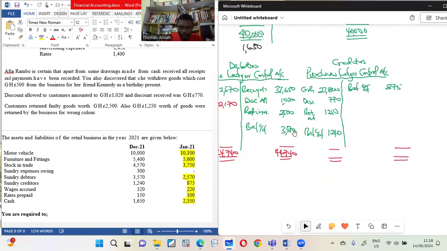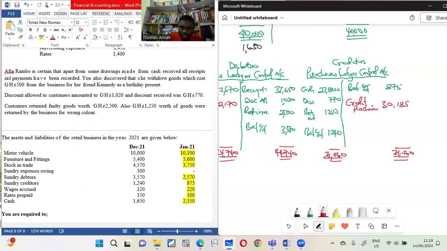All right, if I add all these things, then it means it's likely that I'll get credit purchases over here. So I have 27,800 plus 770 plus 1,250 plus 1,240. So that gives the total here 31,060. If I less the 875, then it means my credit purchases is 30,185. So that is what I have.